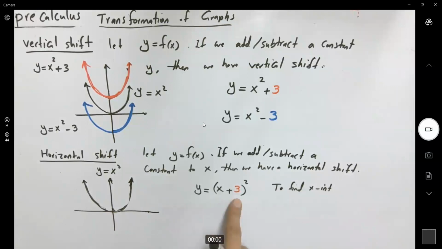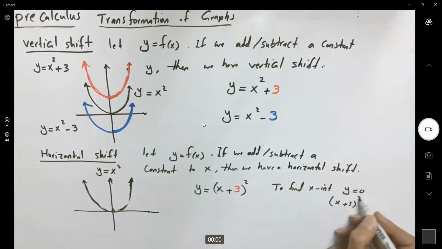This quantity must be 0. (x plus 3) to the second is equal to 0, or x plus 3 is 0, or x is negative 3. You have a shift to the left-hand side, negative 3.